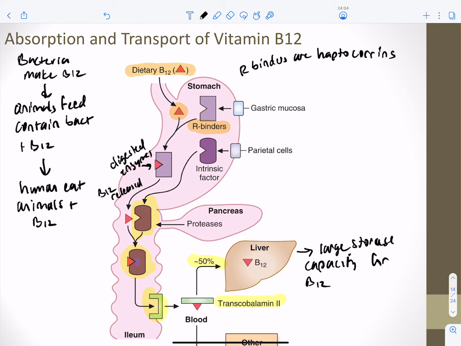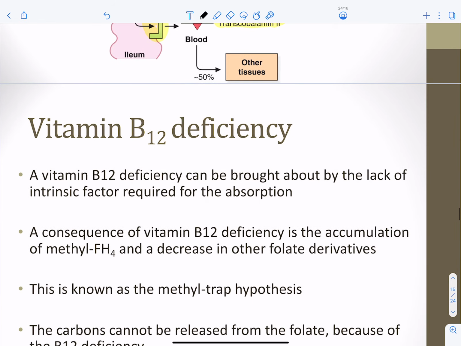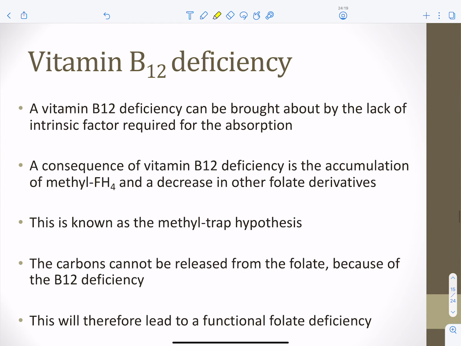So if you have a deficiency, you're not going to really present with it until about 3 to 6 years after you're unable to, for example, absorb vitamin B12. Now, a vitamin B12 deficiency is mostly caused by a lack of intrinsic factor, and this is typically due to an autoimmune disease, as I've mentioned before.